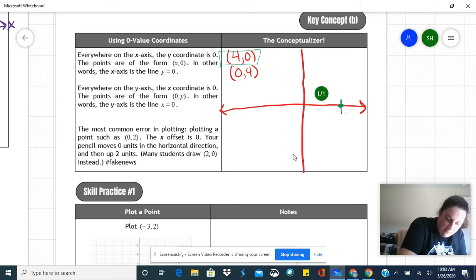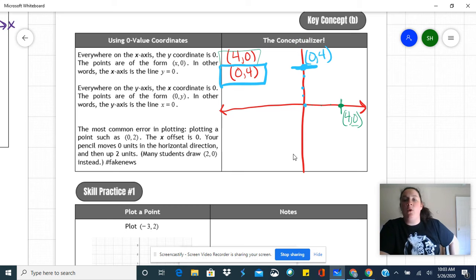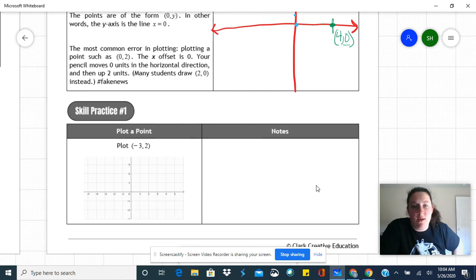Okay, so this would be my 4, 0. The 0 means I am not moving up or down. With this one, I'm starting at 0 and I'm just moving up 4. 1, 2, 3, 4. So this one will be 0, 4. Notice I didn't move left or right. I only moved up. Make sure you remember that.